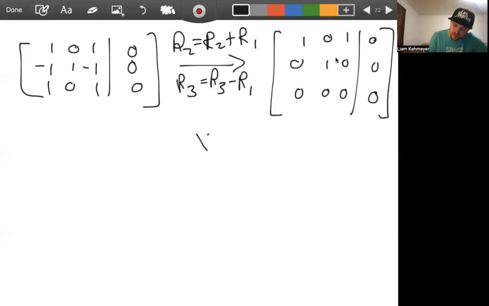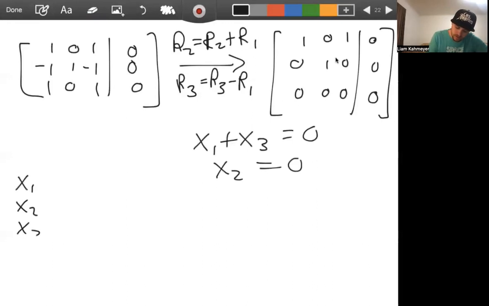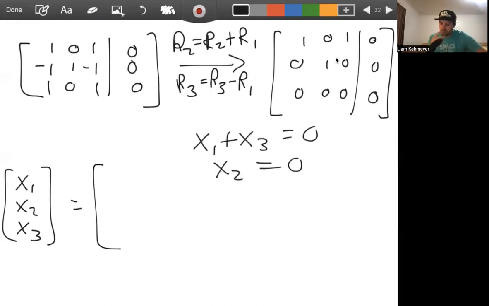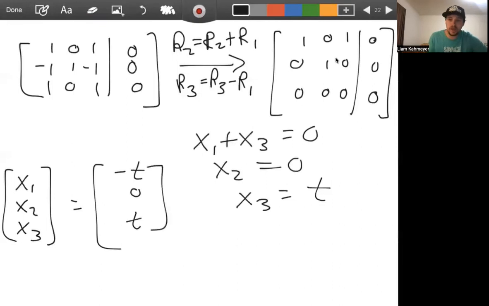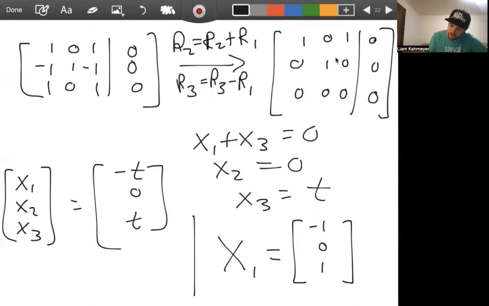And so what does this say? This says x1 plus x3 is equal to 0 and x2 is equal to 0, i.e. x1, x2, x3 is of the form, if we let x3 be equal to t, this is equal to -t, 0, t, and so we can find just the basic eigenvector by taking t equals 1, and we get x1 is equal to -1, 0, 1.